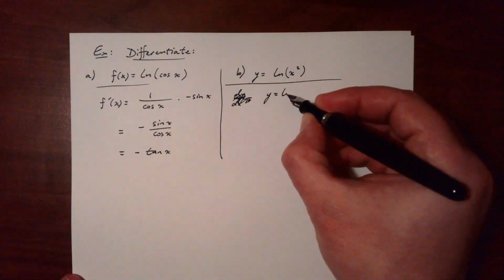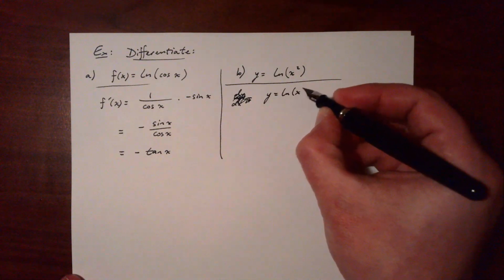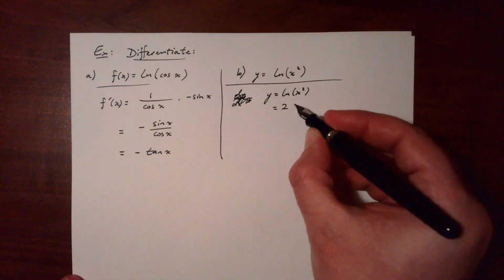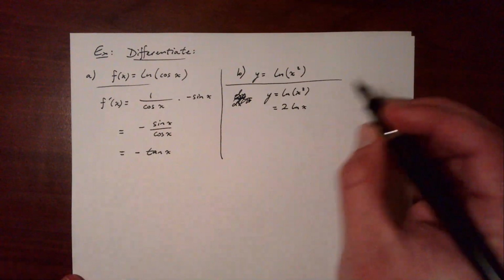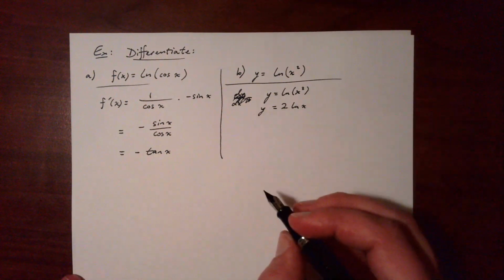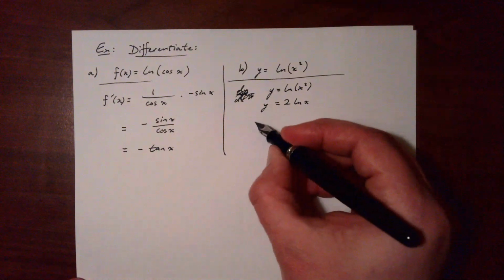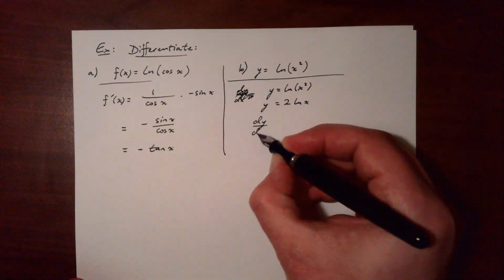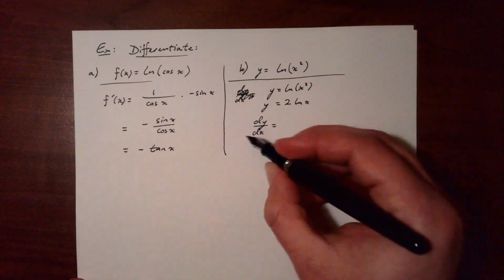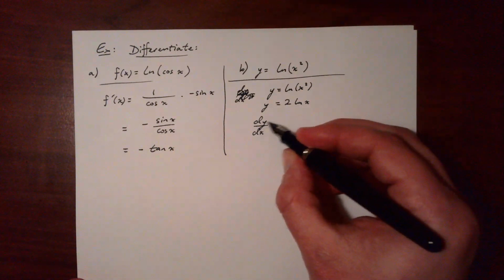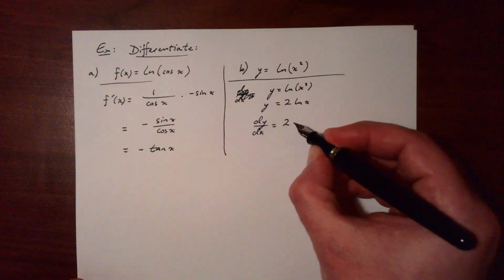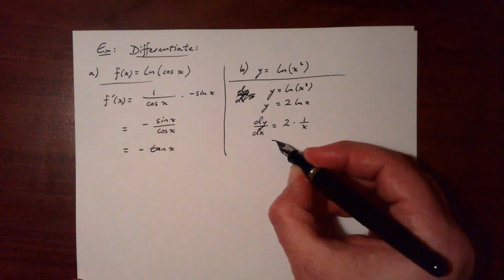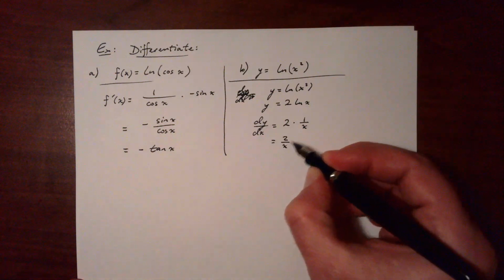So remember, the properties of logarithms that we can use here would be that this power can come out to the front. So we can rewrite this before we even start the calculus part of it. So now we're ready to start taking the derivative. So the derivative with respect to x of y is now just going to be 2 times 1 over x. Or in other words, just 2 over x.